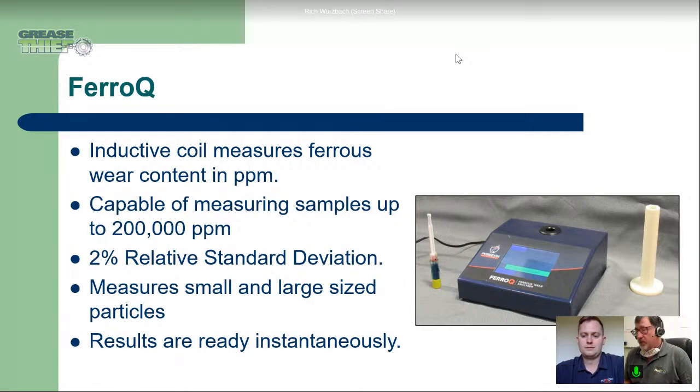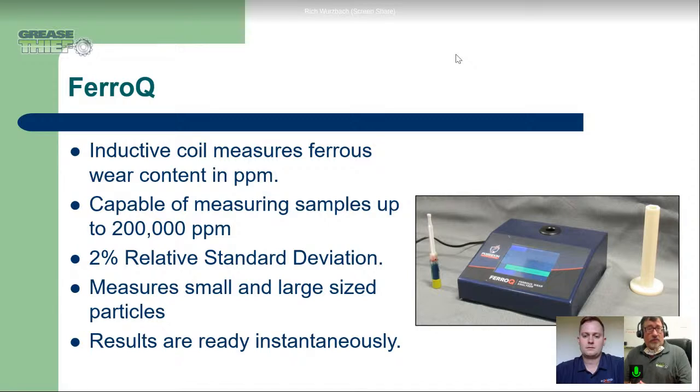We've also seen other performance improvements from other ways of measuring ferrous content. One is the really small relative standard deviation that we've seen on this device versus some other devices. I also want to point out that one of the real challenges for grease analysis is the distribution of the particulate, which is really what we would describe as heterogeneous in grease.